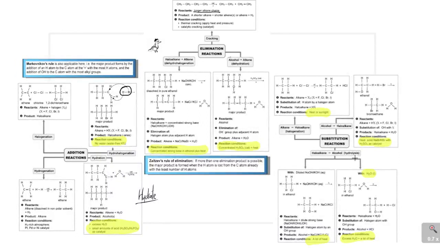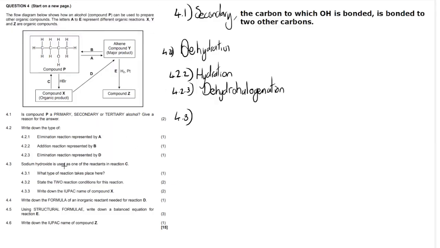We're going from haloalkane to an alcohol. That's called hydrolysis. So when the question asks, sodium hydroxide is used as one of the reactants in reaction C, what type of reaction takes place here? That is hydrolysis.